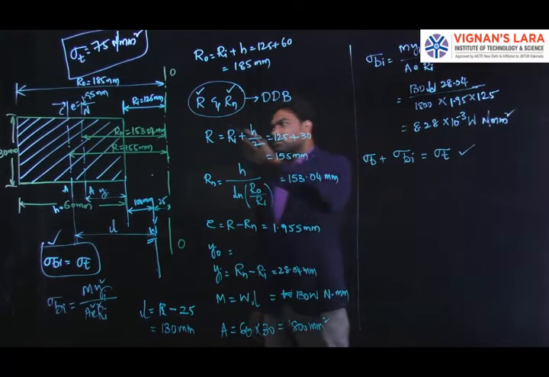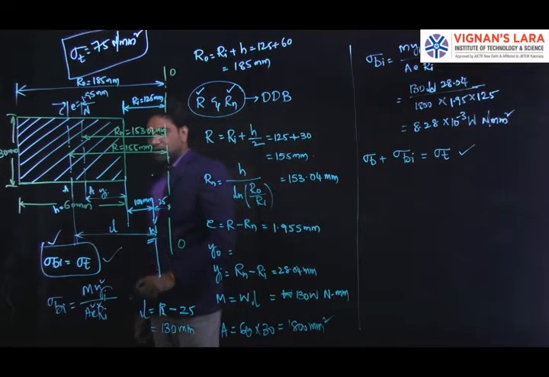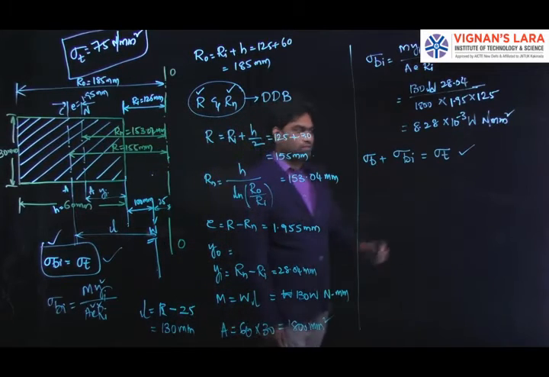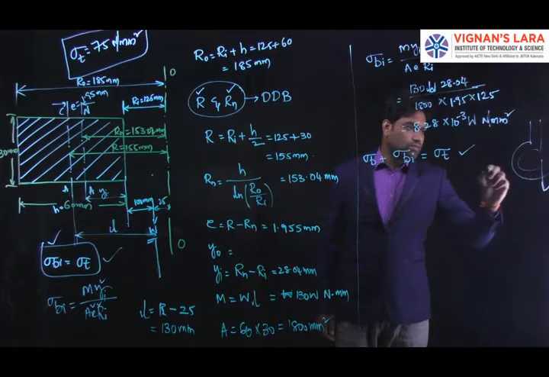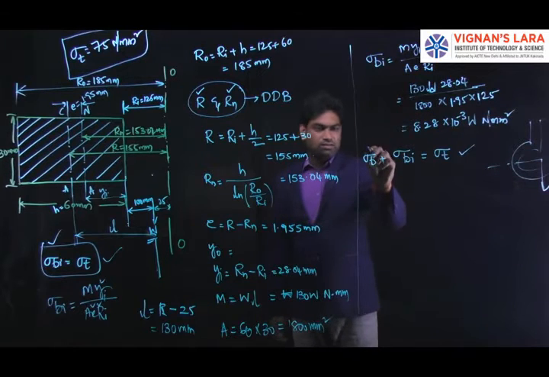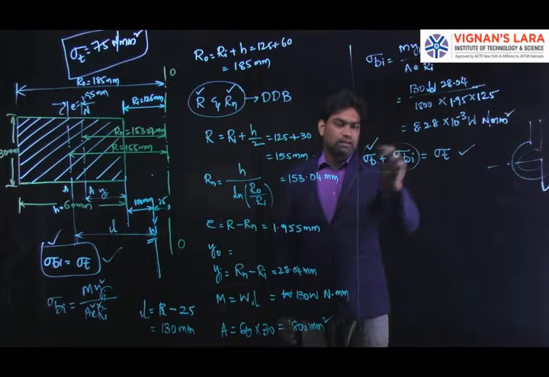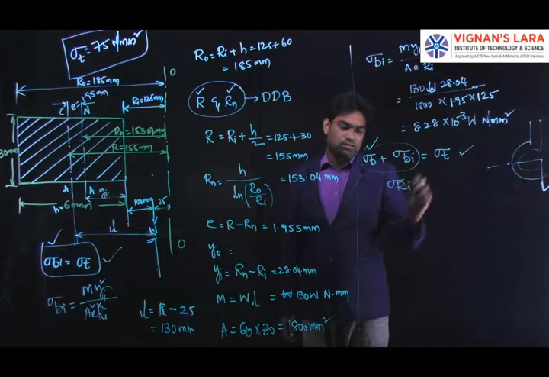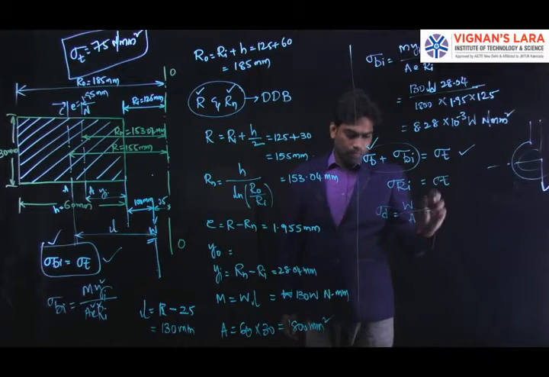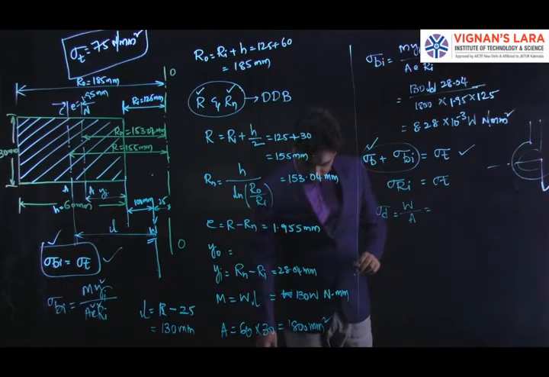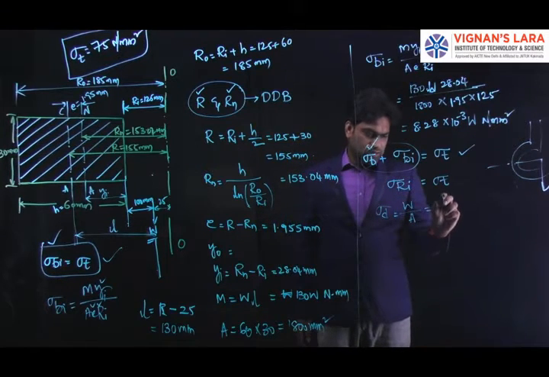Here we have not considered any direct stress, but in the case of a crane hook there is a chance, since the load is acting along the axis of the cross section, that a direct stress is also induced. So we take the resultant stress at the inner fibers as the maximum, sigma ri equal to sigma t. That direct stress we can also find in terms of W, load by area, where the area is 1800.